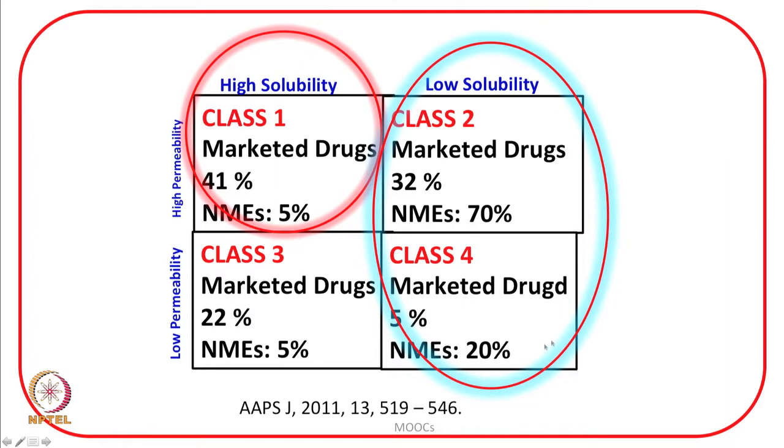But the major problem faced by the industry is that 90% of the new molecular entities will either have high permeability but low solubility, or low permeability and low solubility, and that is the problem being faced by pharmaceutical industries. That is why I commented that for high quality compounds, the efforts to increase solubility should be strengthened.